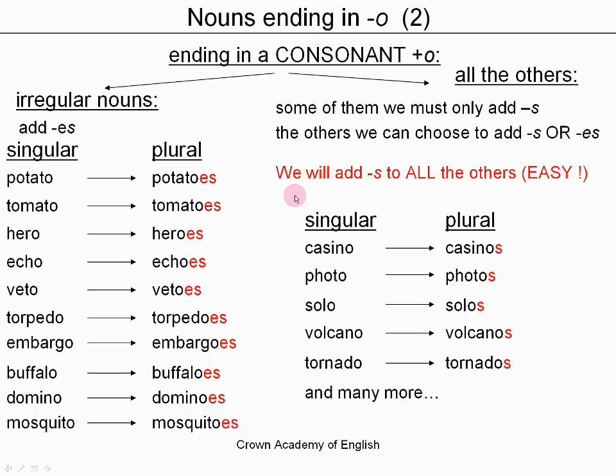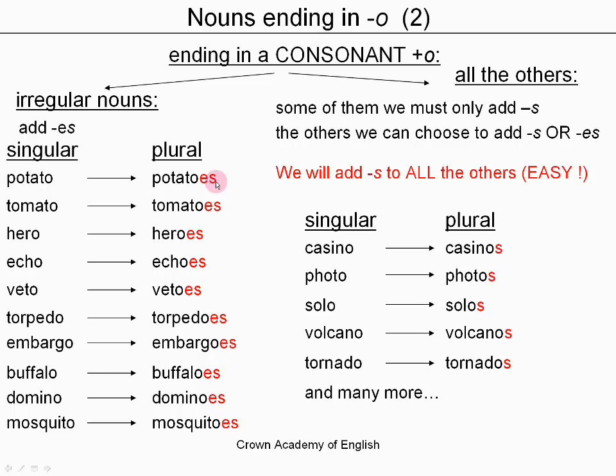Okay, so again, just to summarize, learn this list on the left, so that you know these nouns here in this list, in the plural, you have to add ES. And in all the other cases, in all the other nouns, then just add the letter S. Okay, that makes it easy for you. Just add a letter S.